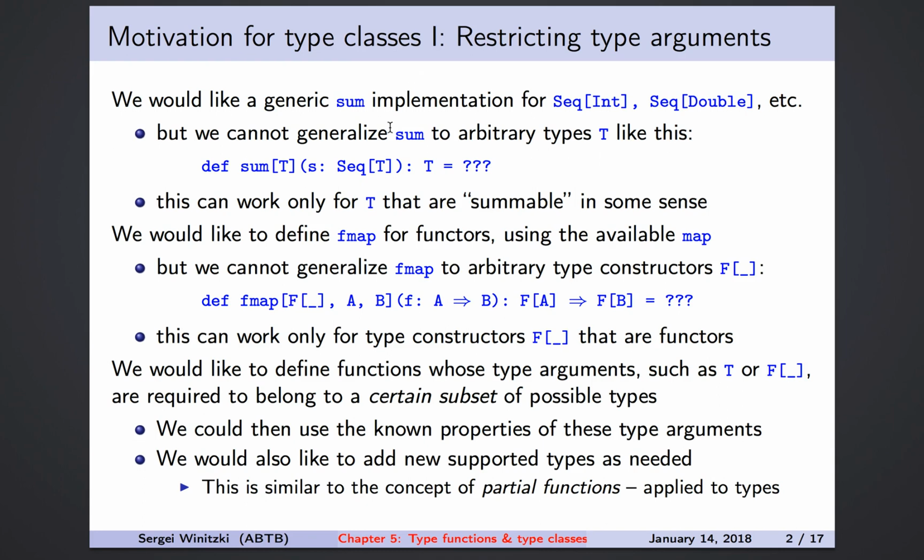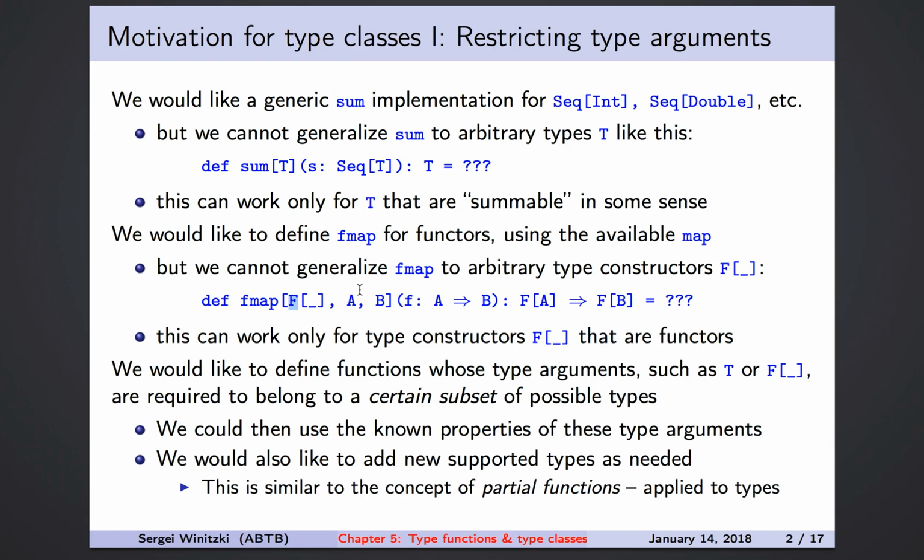String could be considered as well. And here will be the functor types, or rather, to be precise, the functor type constructors. So somehow we should require that this type parameter in the fmap implementation is not just any type, but belongs to a certain subset of possible types, which we also have to define somehow.